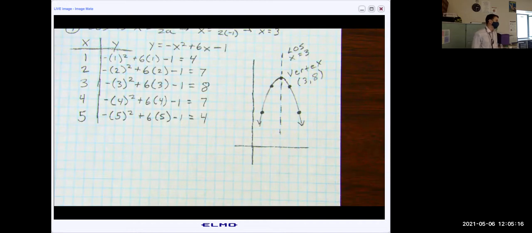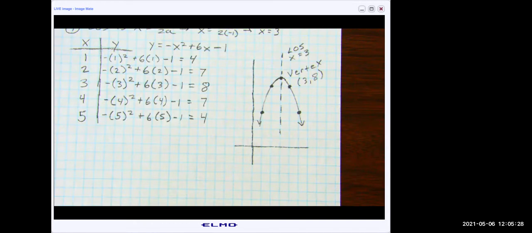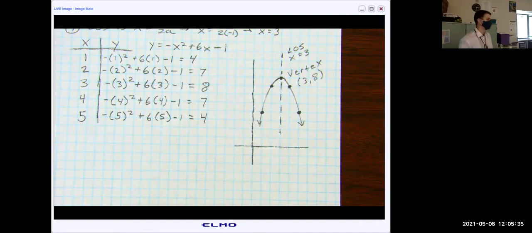Okay, so I don't know which method you like more. Do you like the accurate method like this to create your graph, or do you like the guess and checks that you were doing on Monday? This one is more accurate. I find I kind of use a mix depending on which equation I'm dealing with.